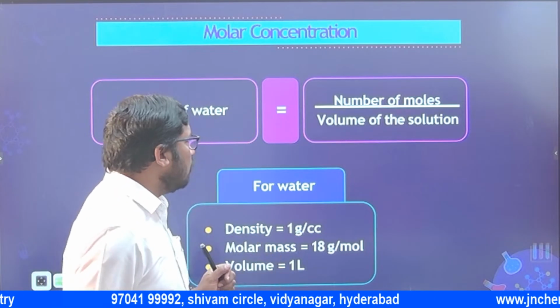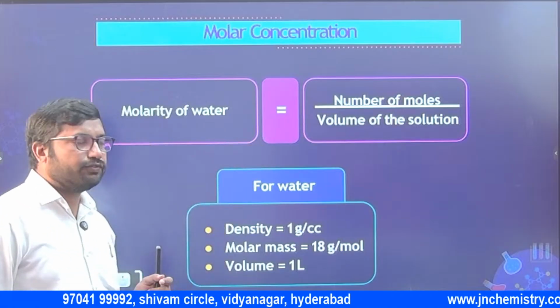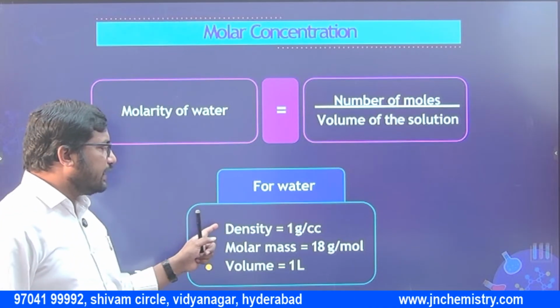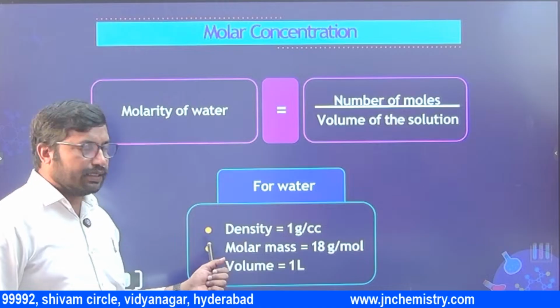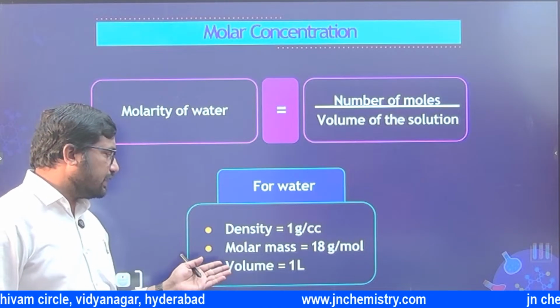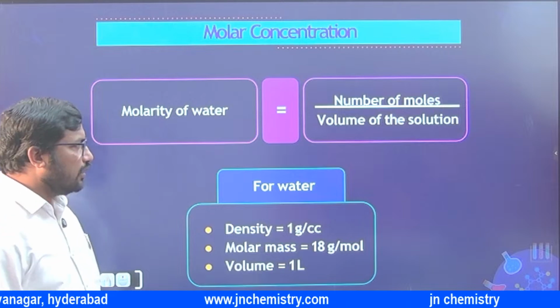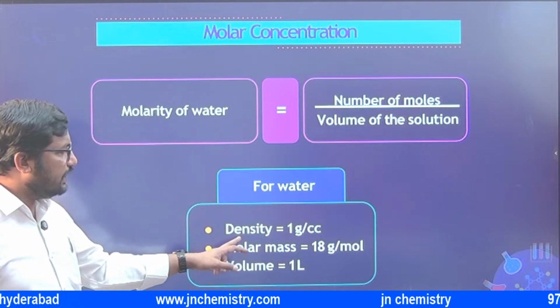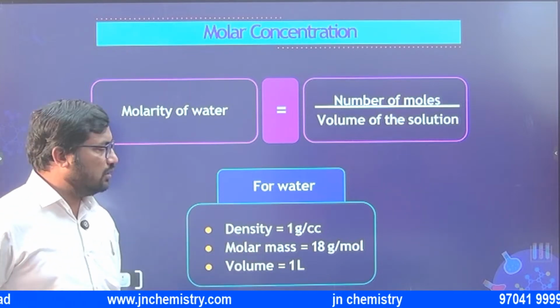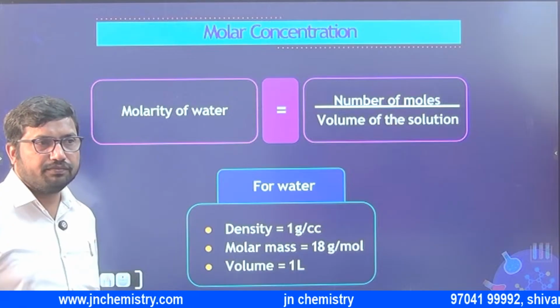55.5. So molarity means what? Number of moles by volume of solution in liters. For density of water 1 gram per ml, molar mass 18 grams, volume is 1 liter. Write it down: density, molar mass and volume.